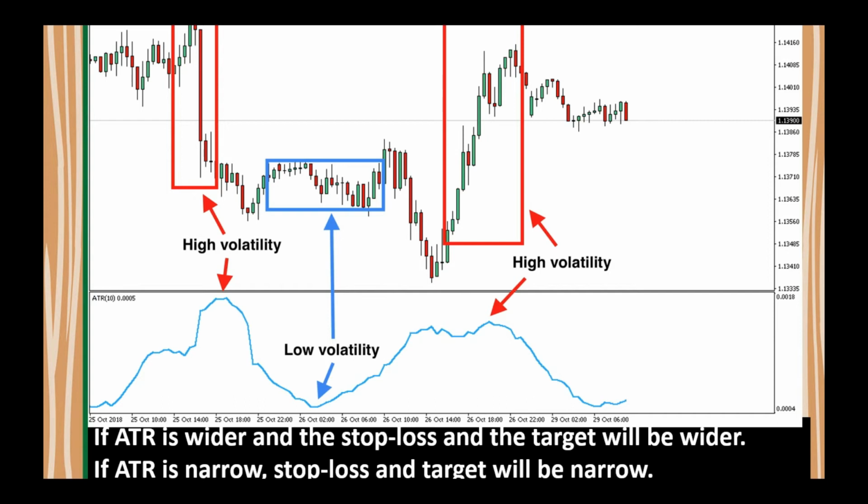ATR is not a magic indicator, but it can help you, like every other indicator, to remove the noise from the lot of price levels, just to see how volatile the market is right now and where we are right now.